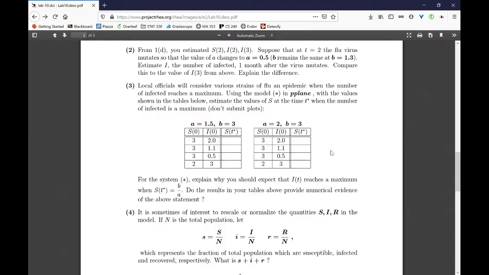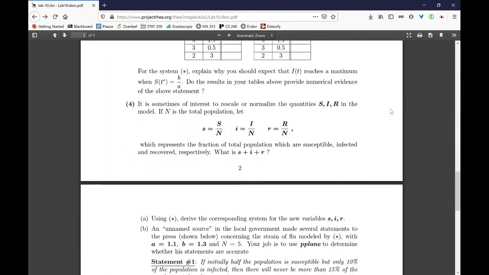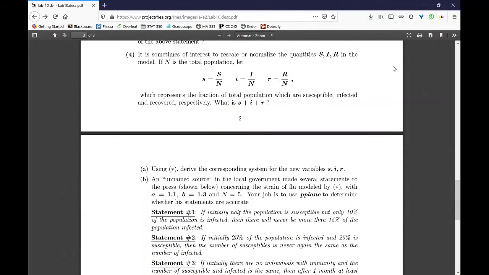Alright, so for number 4, it is sometimes of interest to rescale or normalize the quantities S, I, and R in the model. If N is the total population, let little s be big S over N, little i equals big I over N, and little r equals big R over N. So what is s plus i plus r? Well, we know that big S plus big I plus big R is equal to N, the total population.